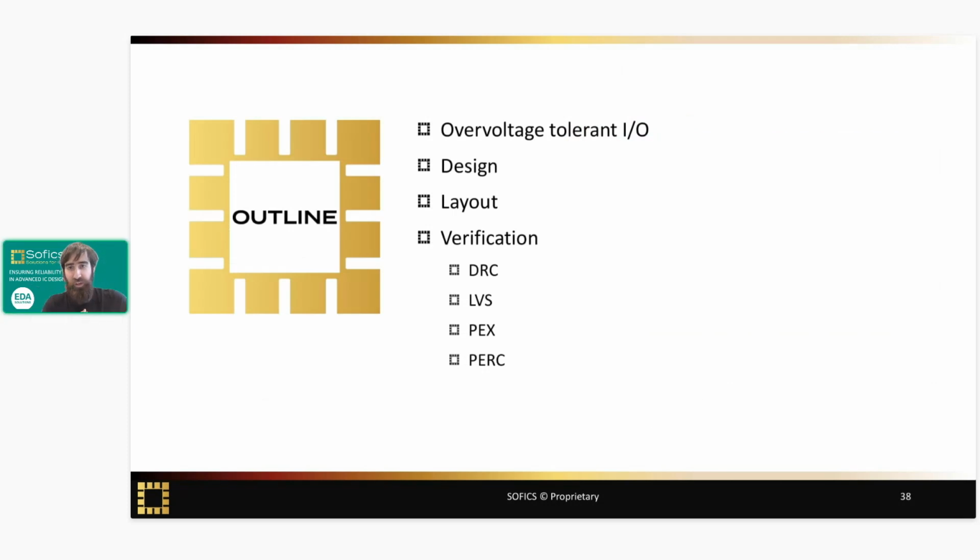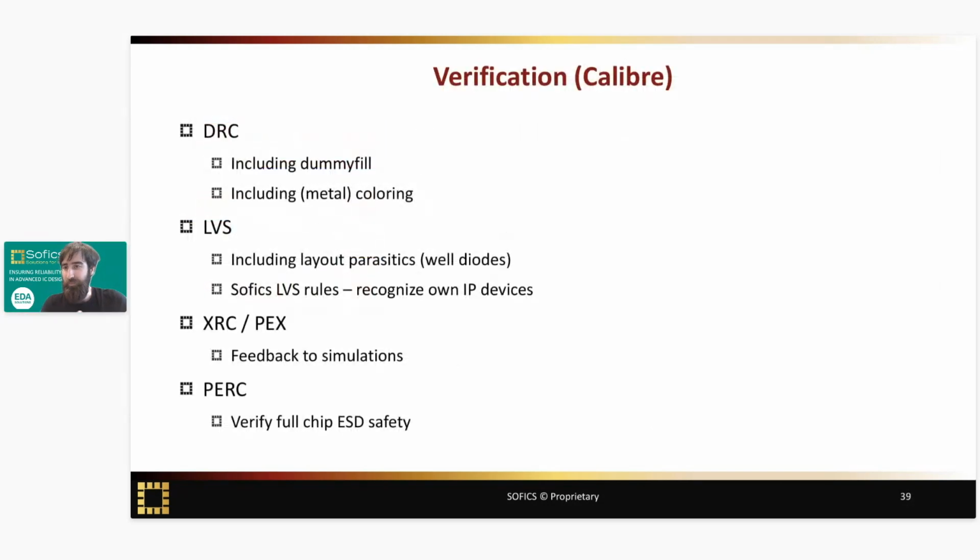So we've drawn our layout. Let's check if we did a good job or not with verification. There is the DRC, of course, which includes dummy fill, especially at these more advanced layout nodes. At these more advanced technology nodes, the dummy fill is a really important factor. We have much more strict rules on density, and the dummy patterns themselves become more complex as well.